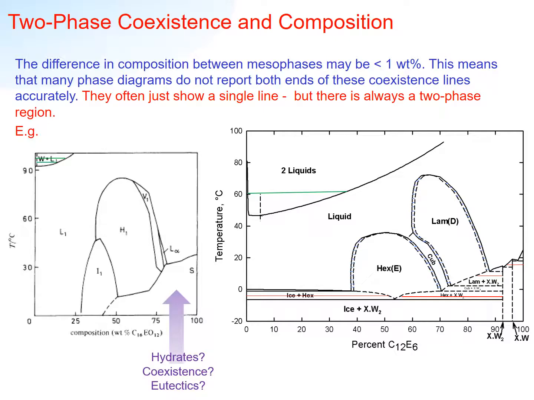So in C16EO12, in its phase diagram, we have the solids region, which includes hydrates, coexistence regions, and maybe eutectics, not very well mapped out.